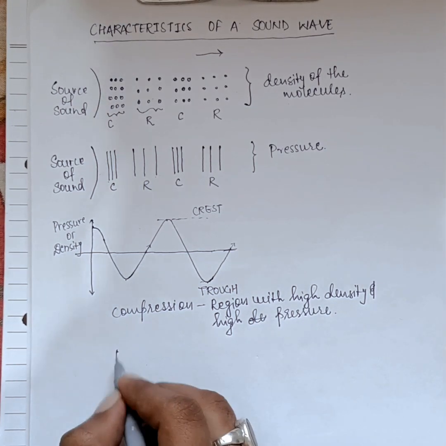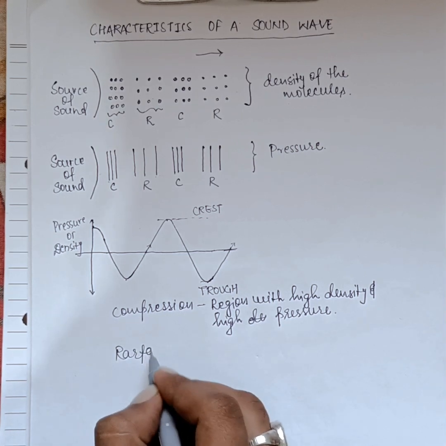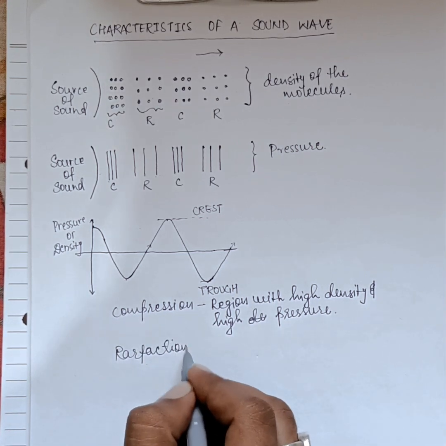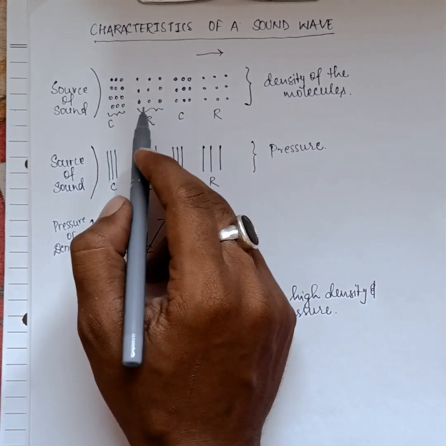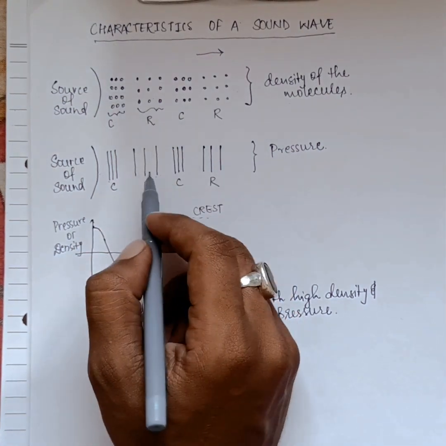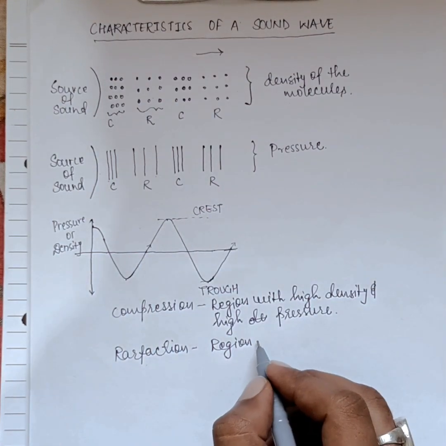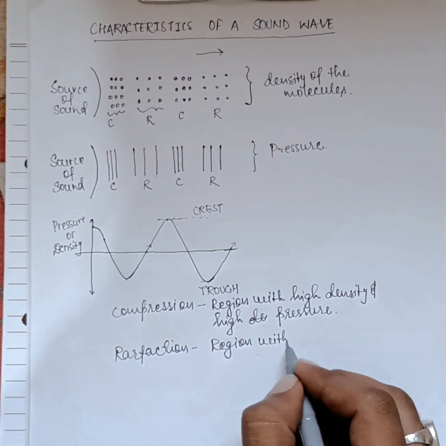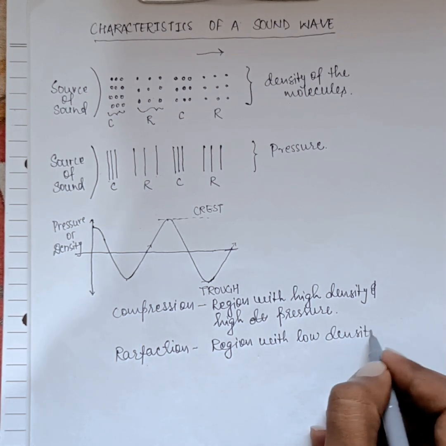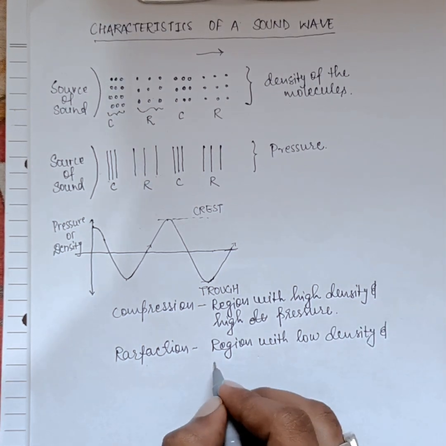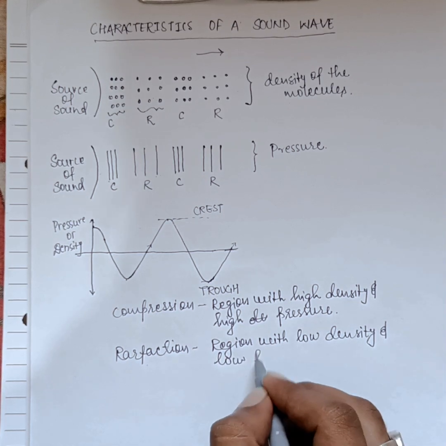And when we talk about a rarefaction region, it is a region in which the density of the molecules is less or the pressure is low. This is a region with low density and low pressure.